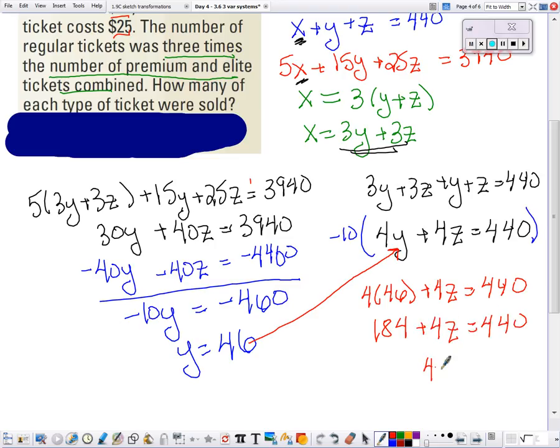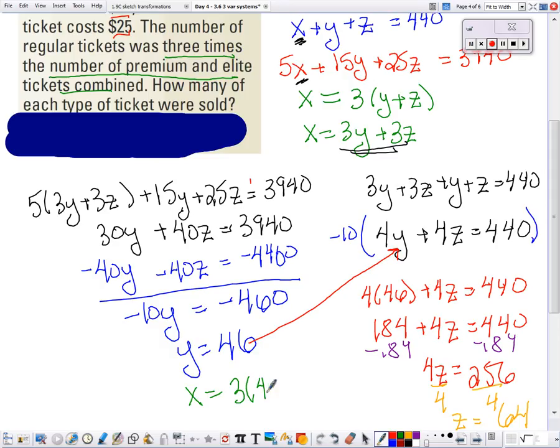Simplifying, I'm going to subtract 184 to the other side. Divide by 4. So Z is 64 tickets. Now using those two, we can plug them in here and find x. And that equals 330 tickets.